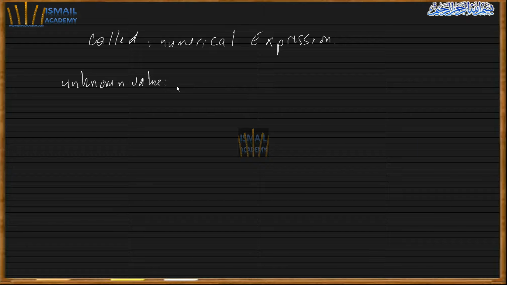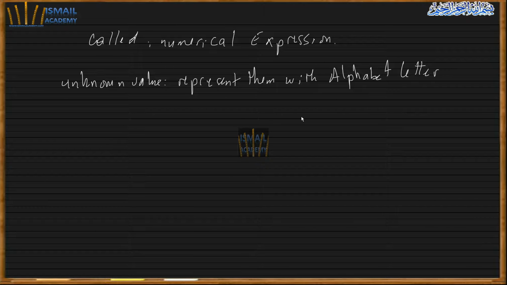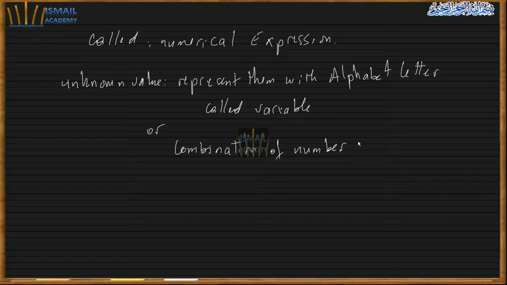For unknown values, either we represent them with an alphabet letter, any alphabet that you wish, X, Y, A, B, and Z, so we call them variables, or a combination of numbers, alphabet letters, and operators.